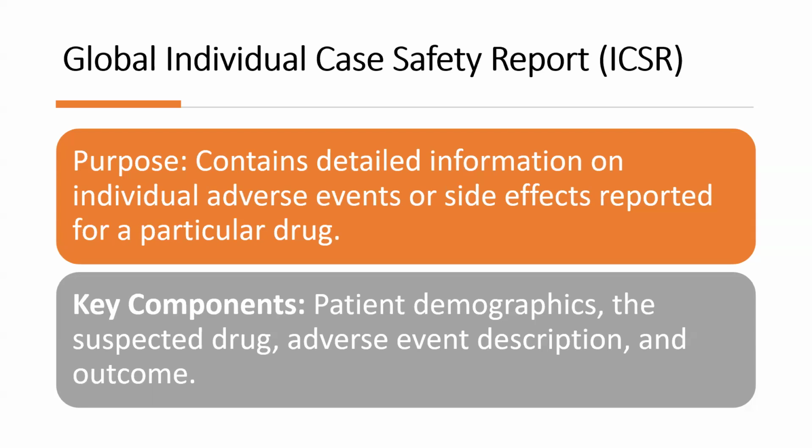So what is the purpose? It contains the detailed information of an individual adverse reaction or side effect reported for a particular drug. Whenever you want to check something, you can enter the key elements into the database. If you want to search how many ADRs happened with paracetamol and involved dizziness, you can come to know a single number, that there are 1500 cases with paracetamol and dizziness.